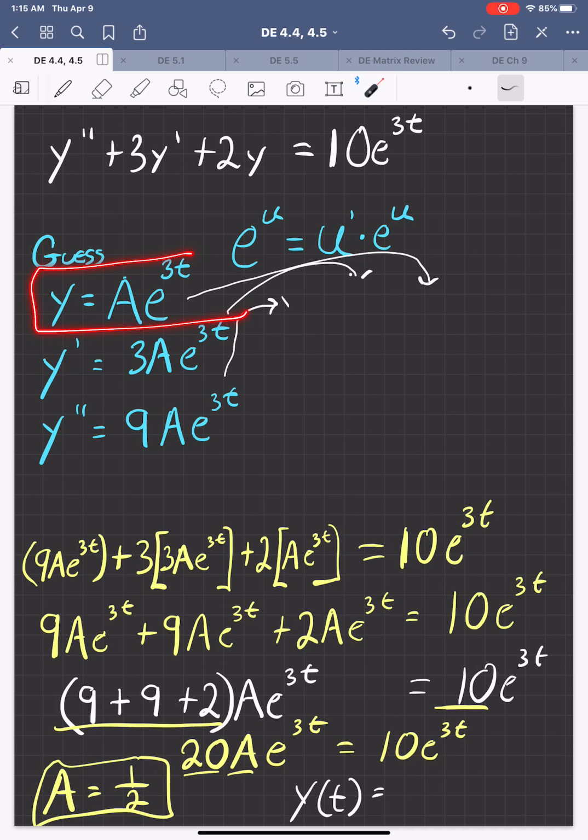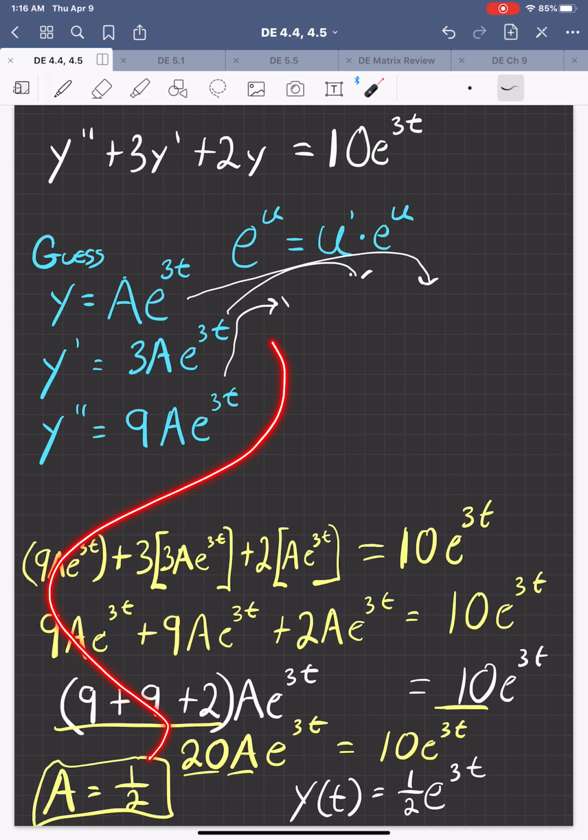This was your guess, A e to the 3t, but you now know what a is. So let's write it. So this should be 1/2 e to the 3t. So as I was just saying a second ago, always remember to plug in to your general solution, or your solution, I should say.